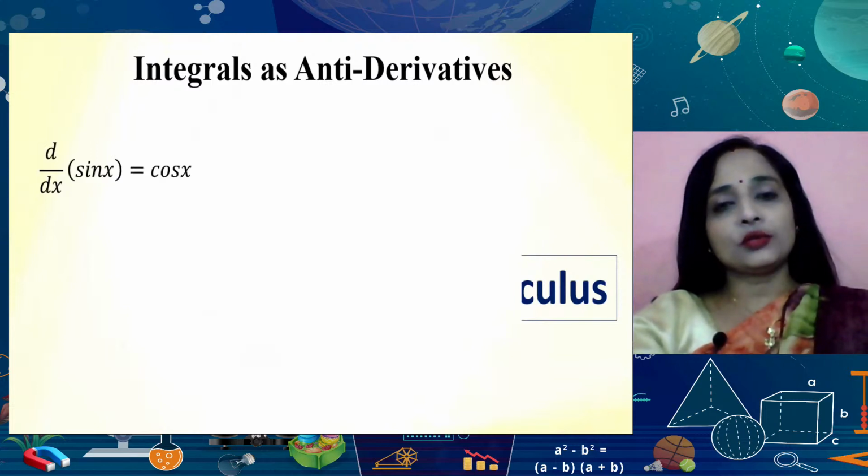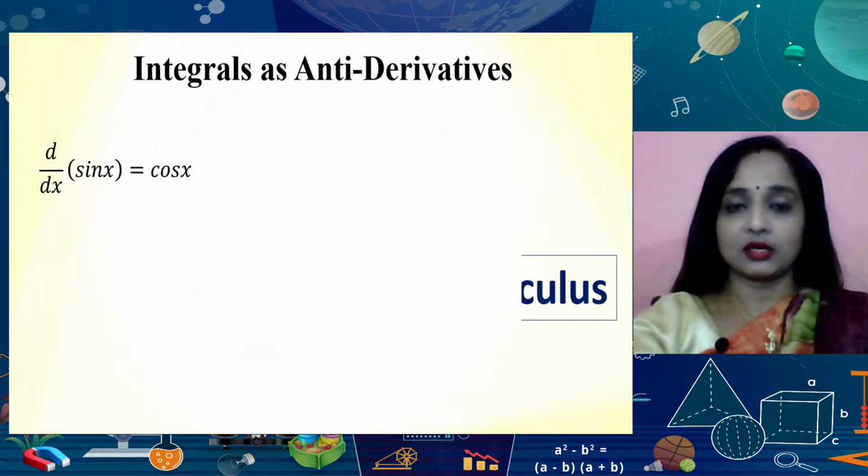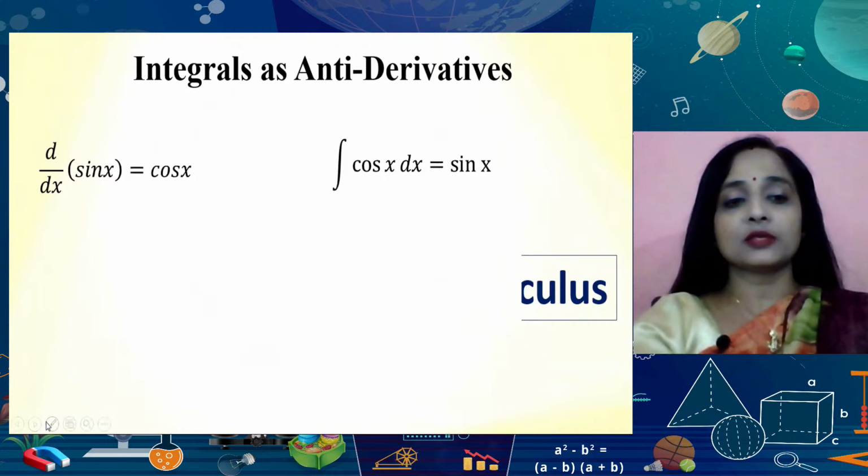You are very well aware of differentiation: the derivative of sin x with respect to x is cos x. This process is reversed, which means the integral of cos x dx is sin x. This sign is called integral, or integration. The cos x is coming here, and this dx is also shifting to this side.